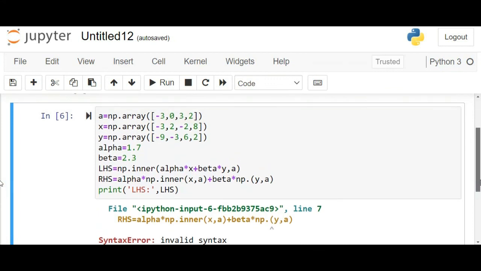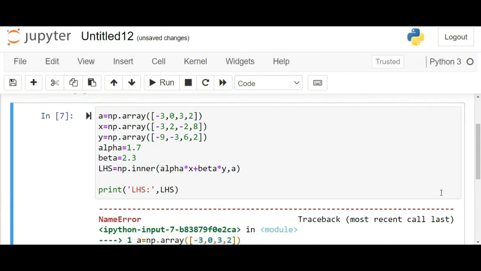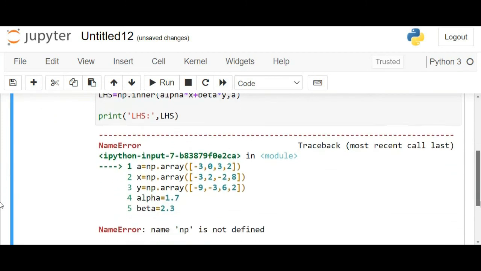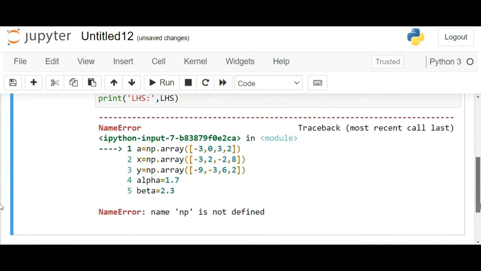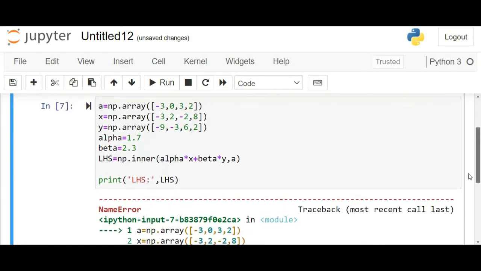But the left hand side we are writing. So our problem is in the right hand side. If I remove this and press Control and Enter again, we have a problem: name np is not defined.